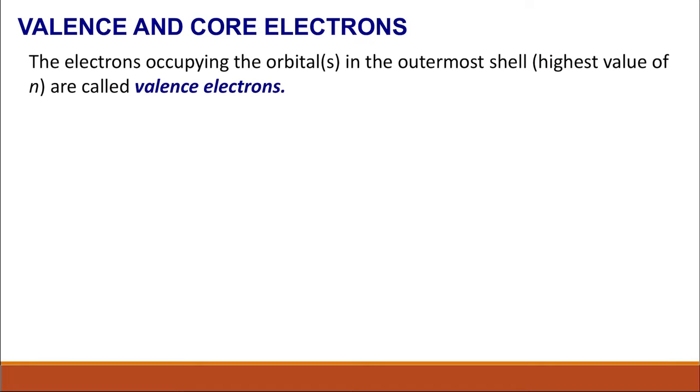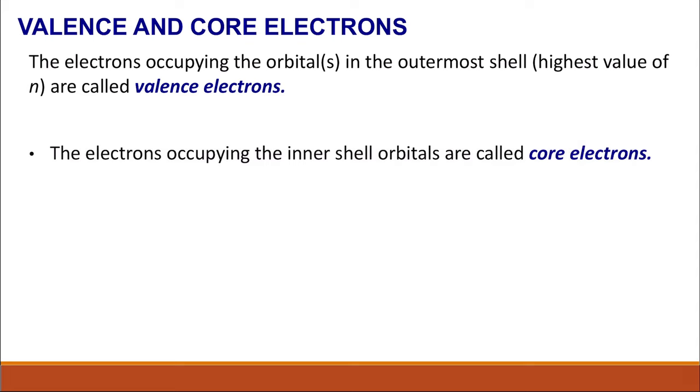There is something called the valence electrons and the core electrons. The valence electrons are important because these are the ones in the outer shell energy level, and these are the ones that contribute to the reactivity of the atom. The electrons occupying the orbitals in the outermost shell, the ones with the highest value of n or the highest energy, are called the valence electrons.